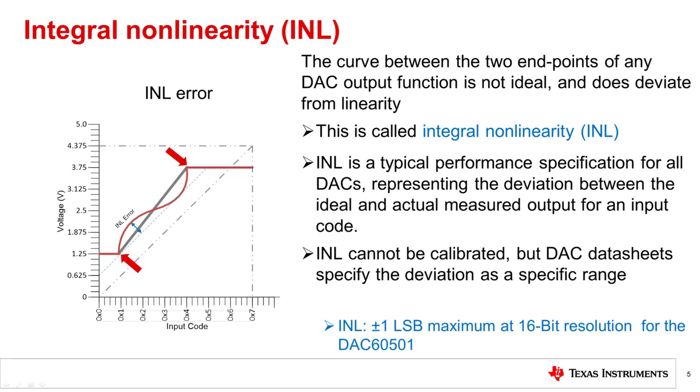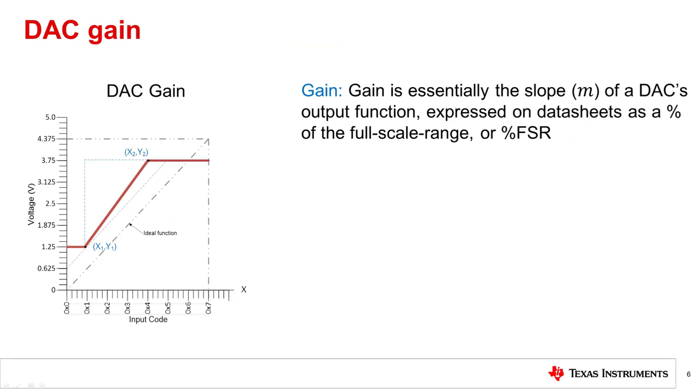Next, we will talk about gain. Before we talk about the 2 remaining inherent DAC errors that relate to any DAC's output function and resulting gain, let's first define this gain. Gain is essentially the slope, m, of a DAC's output function, expressed on datasheets as a percentage of full-scale range, or simply percent FSR.